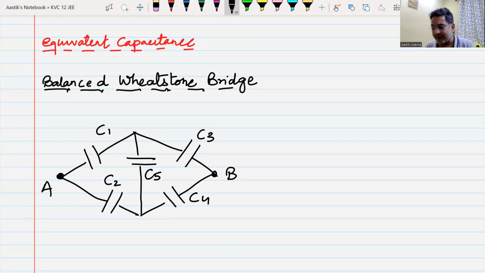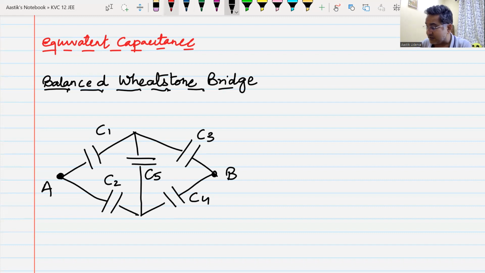If I have 5 capacitors connected like this, it becomes very difficult to find the equivalent capacitance, because it is difficult to understand which are in series and which capacitors are in parallel.